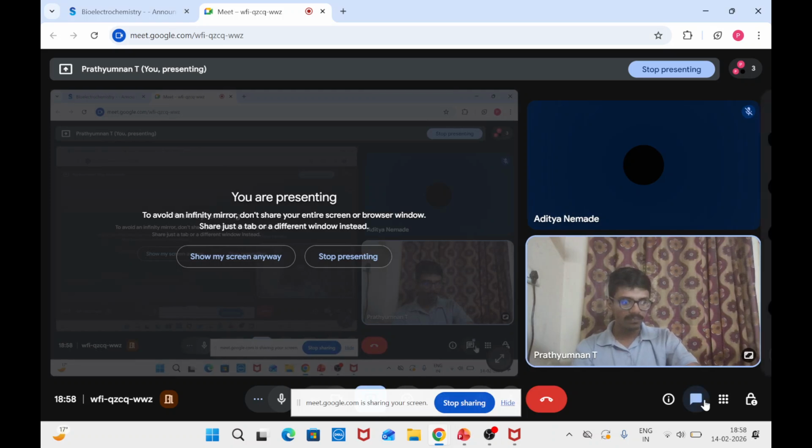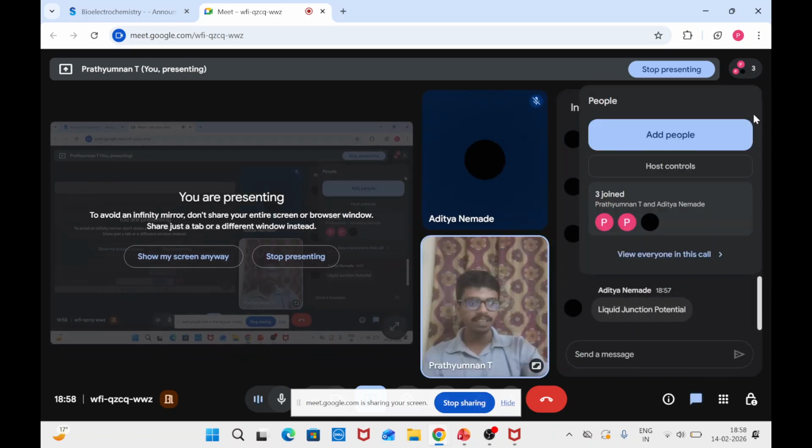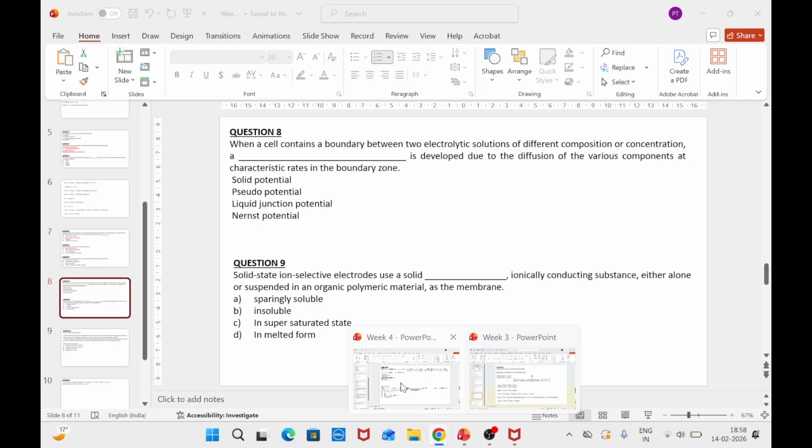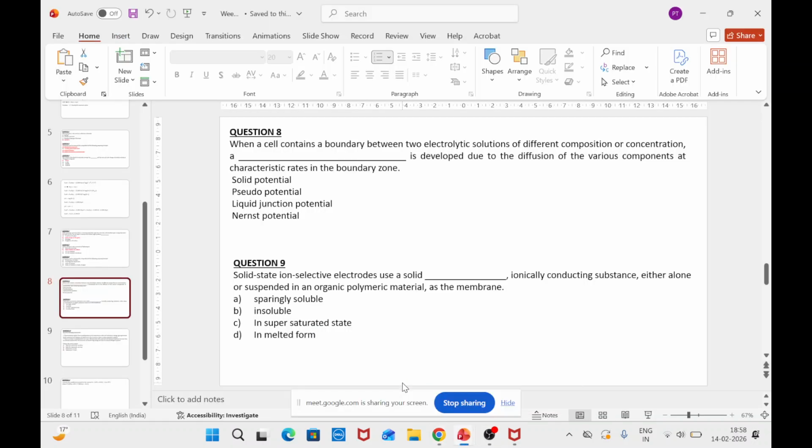Yes, it is the liquid junction potential. When two electrolytes of dissimilar concentrations or composition come in contact with each other, a potential called a liquid junction potential usually arises.